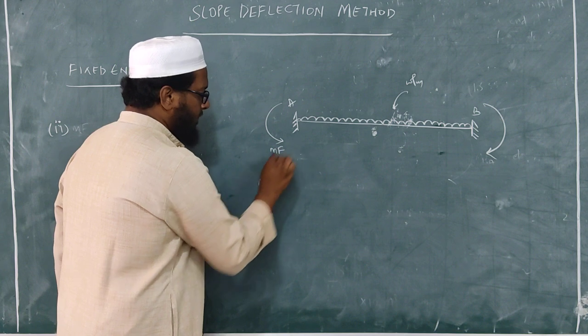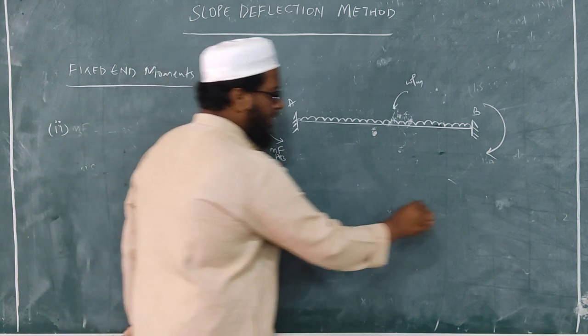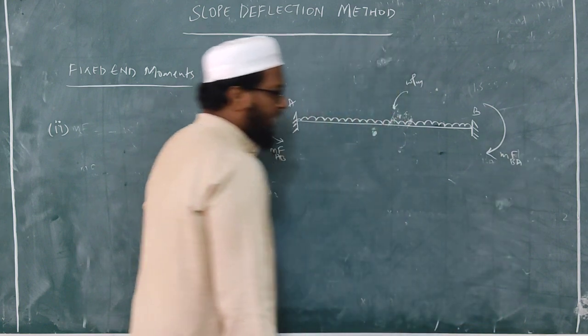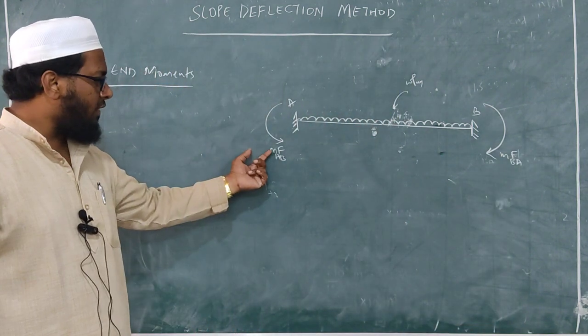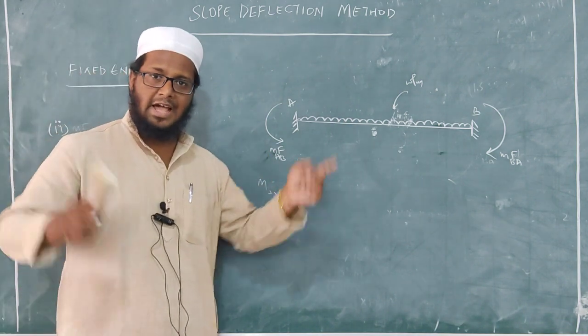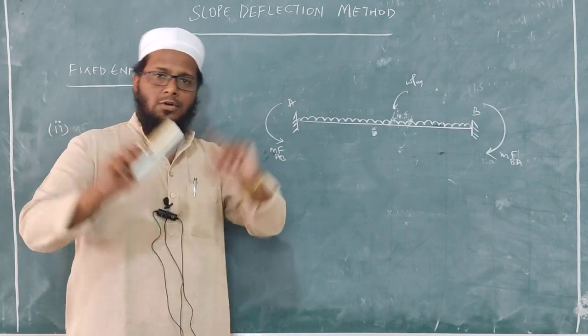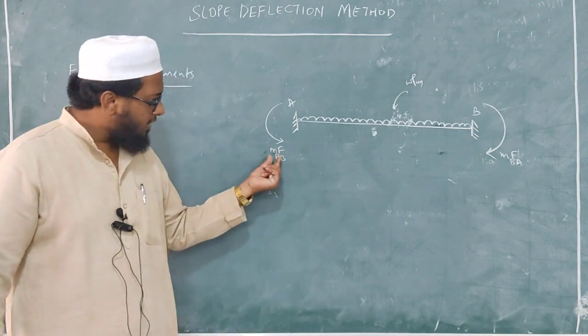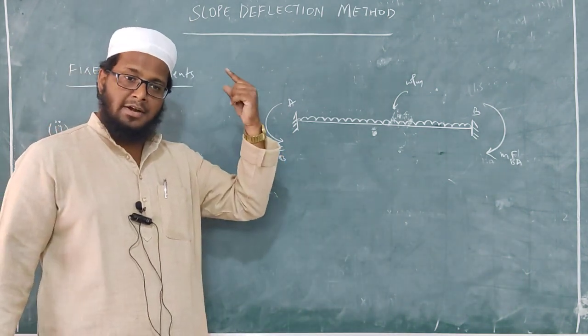So MFAB and MFBA. Make sure that you write this in small m, because our final moment, that is the actual total moment on the beam, since we'll be having so many bending moments, we will write in capital M.